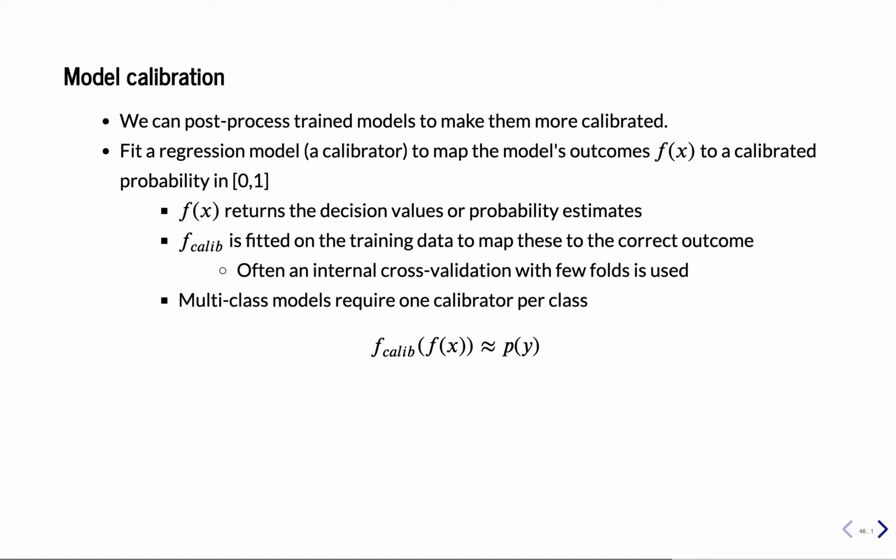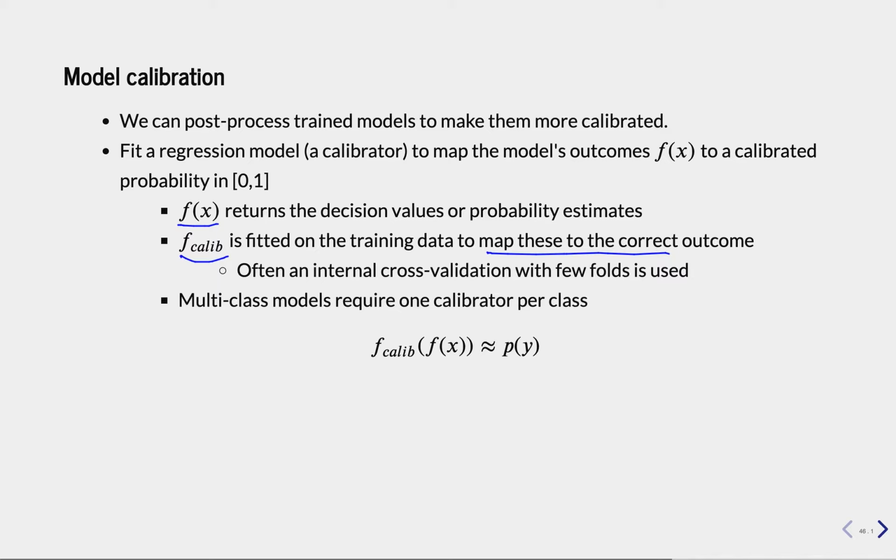And the way this works is by first looking at the predicted decision values or probabilities, then passing these to a regression function, a calibrator, which will then have to map these to the correct outcome. Right?